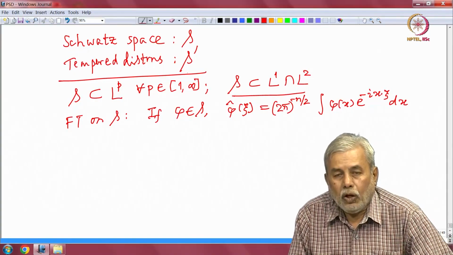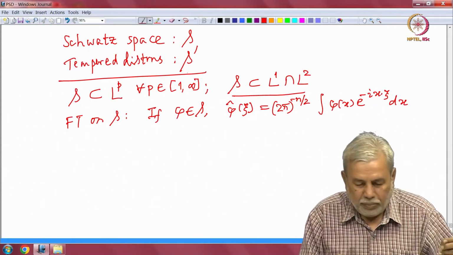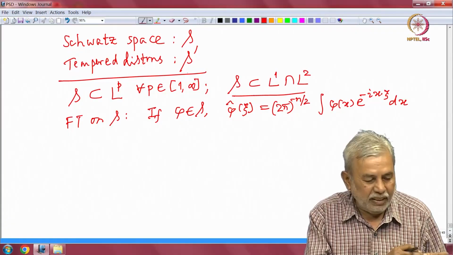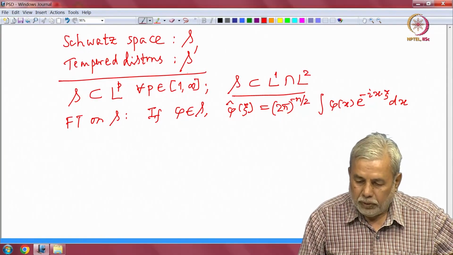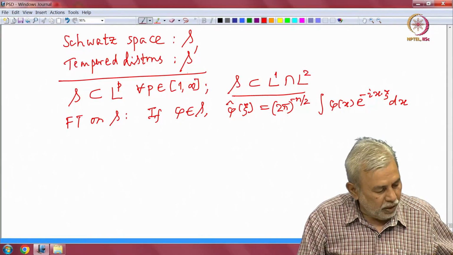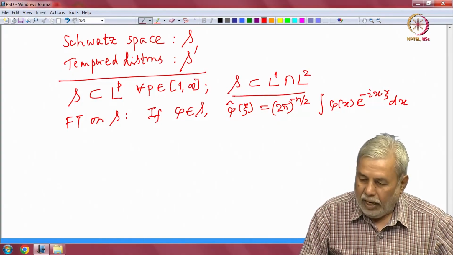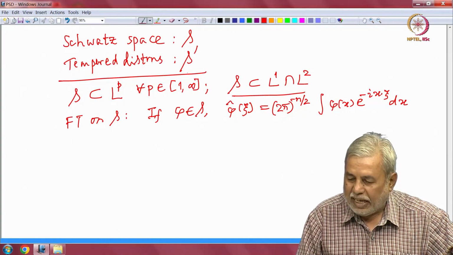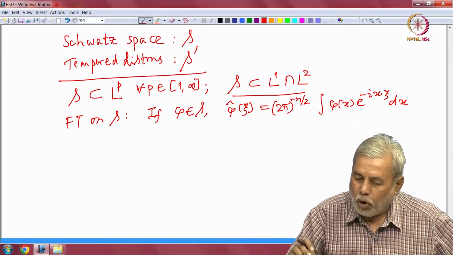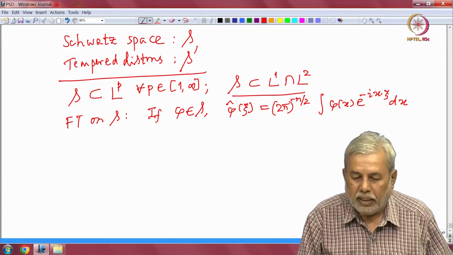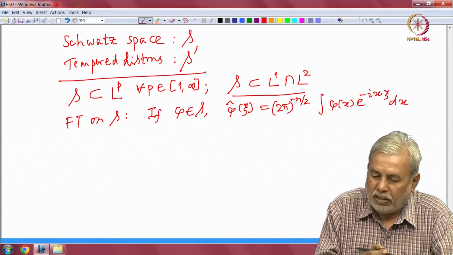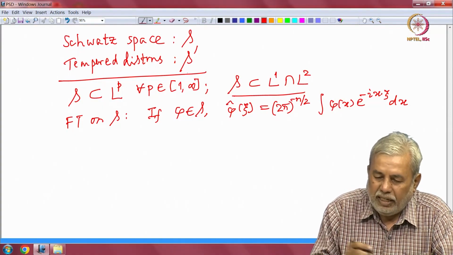Since the elements of the Schwarz space are infinitely differentiable, we can differentiate under the integral sign and put any polynomial. You have to verify a few things; all the time I cannot write that.